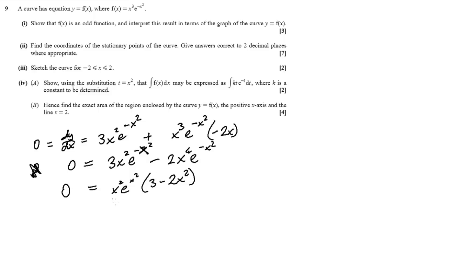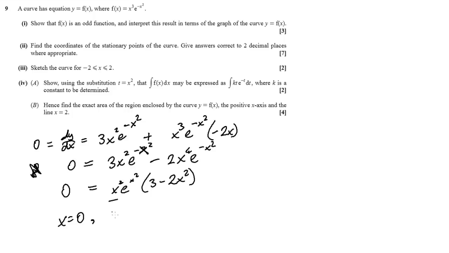So either x is 0, or e to the minus x squared is 0, which cannot happen, exponents don't have 0 value, or 3 take 2x squared is 0.